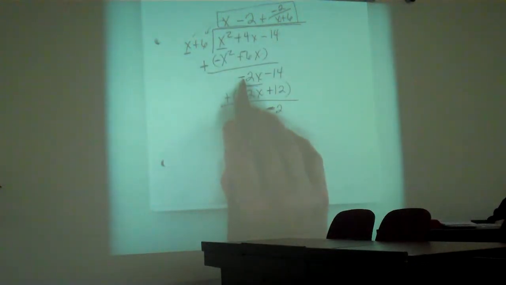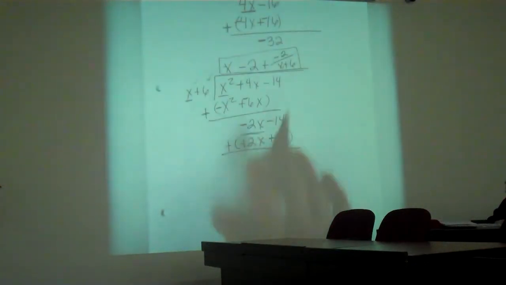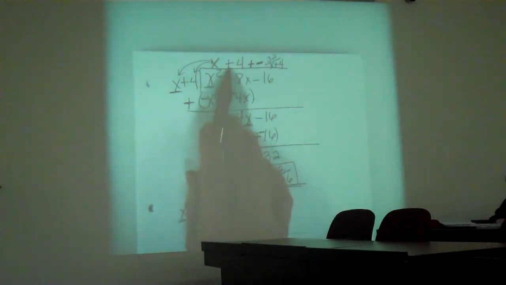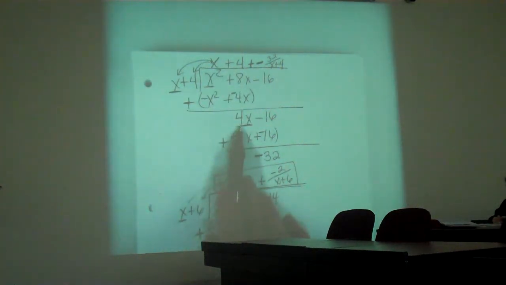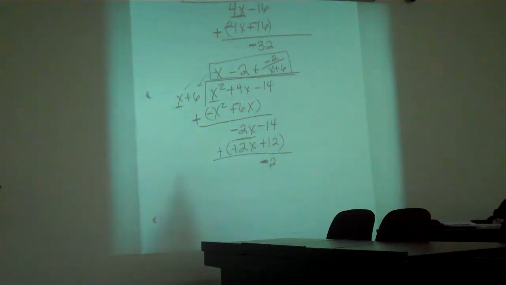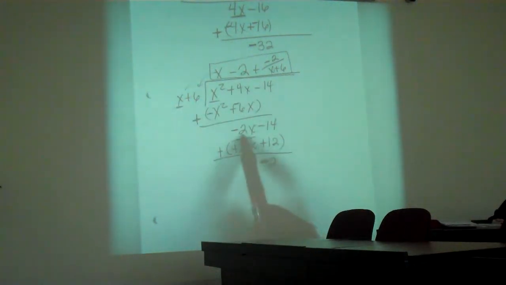So you keep, okay, I thought you switched it for some reason. See, this one that we did first had a positive 4, and we put plus 4. So we did positive 4 times x is 4x. We tried to get 4x. You want it to where this comes out exactly what this is.